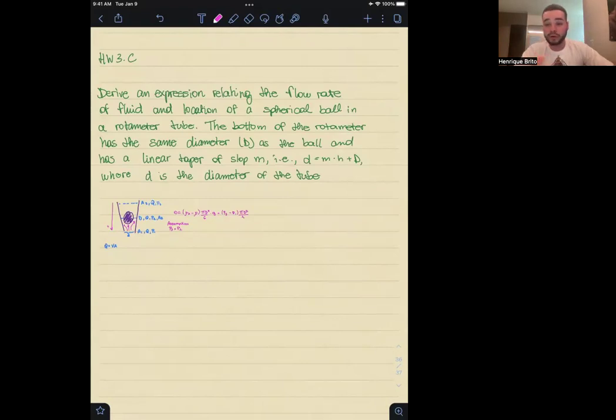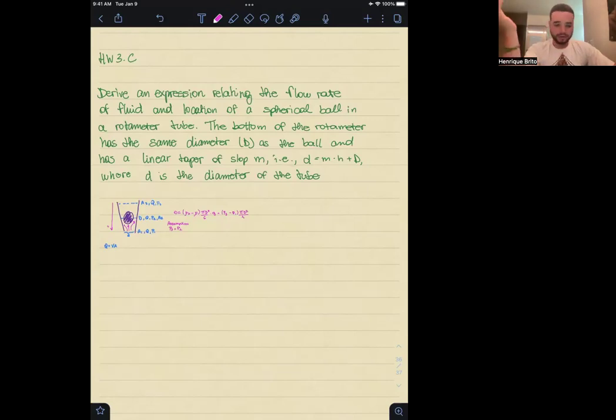So we need to understand the flow rate and how it affects the location of the ball. Pretty much height related to the flow rate: how much your flow rate is and where the ball is going to be. So we need to derive that equation or that expression.